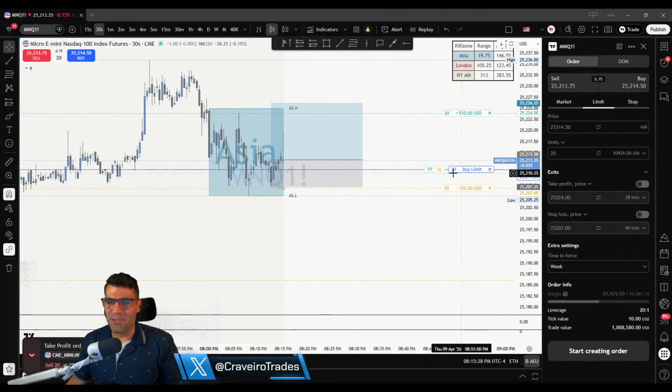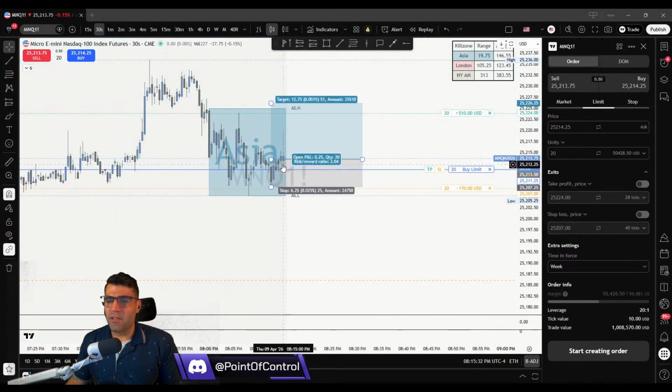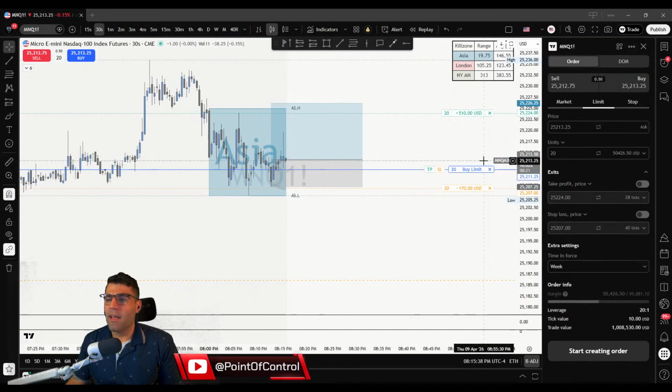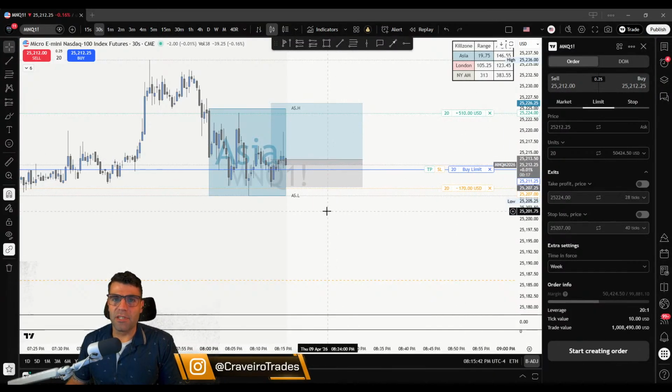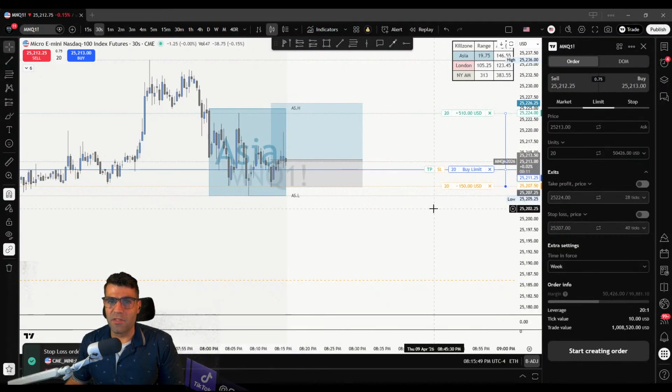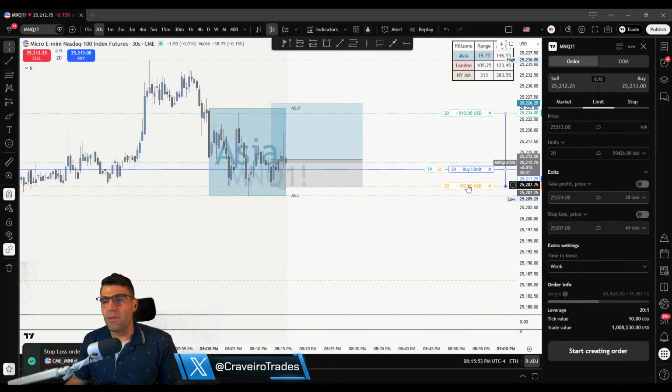I'm just showing you. But if this price could come down, we have a limit order sitting right here. So if this comes down and taps that line, it is going to fill our order and we are going to enter a position. If price goes below this level, it is going to automatically sell our position so that we don't risk more capital than we have on the line.